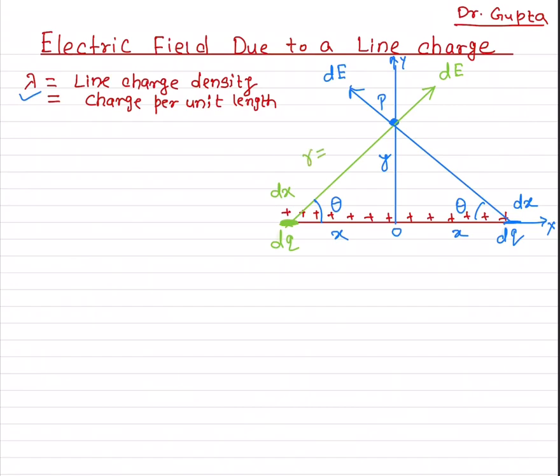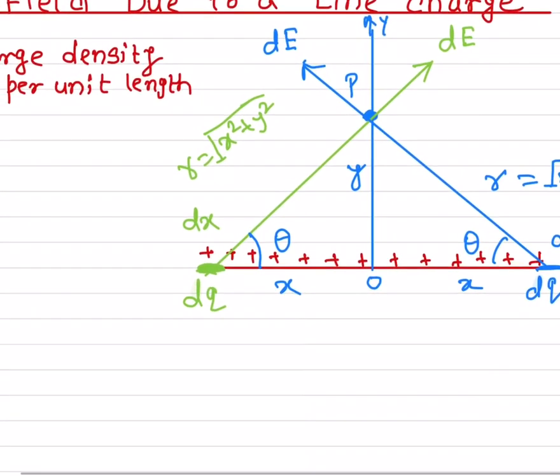And this distance r is equal to the square root of x squared plus y squared. The same way, this distance r is also the square root of x squared plus y squared.